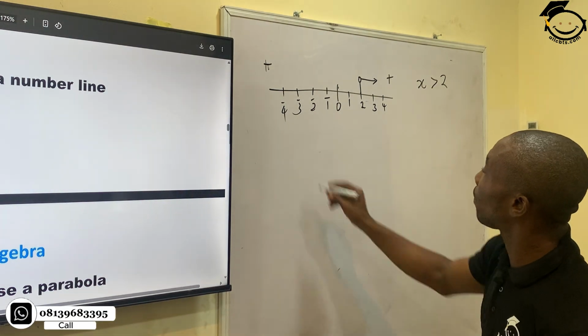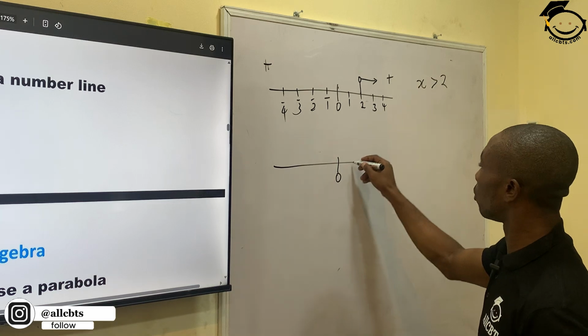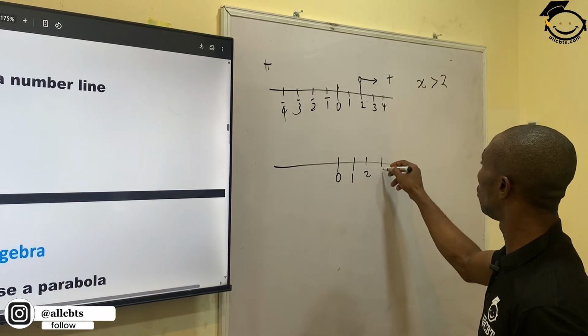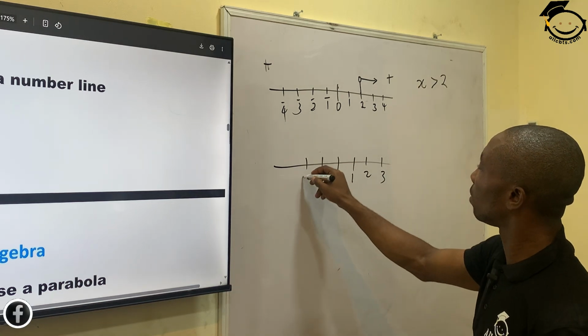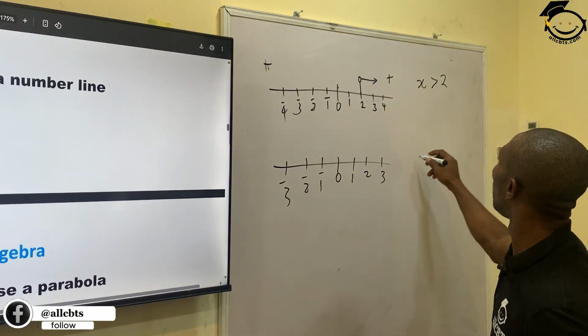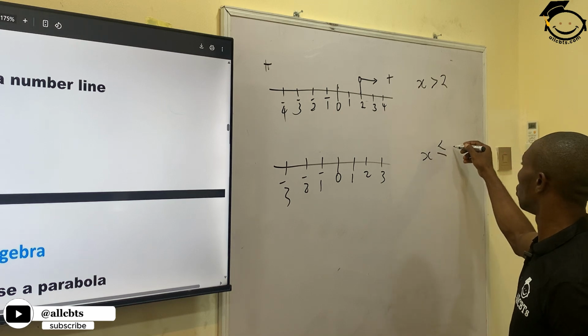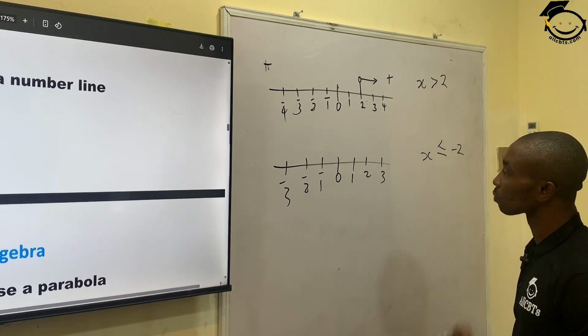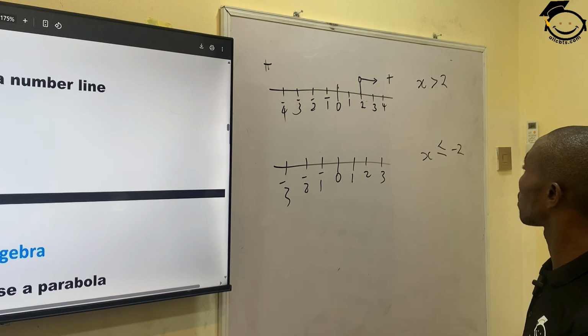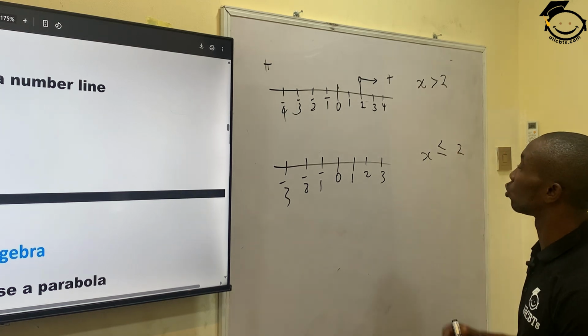But for example, if I have our 0, 1, 2, 3, -1, -2, -3, where x is less than or equal to 2.